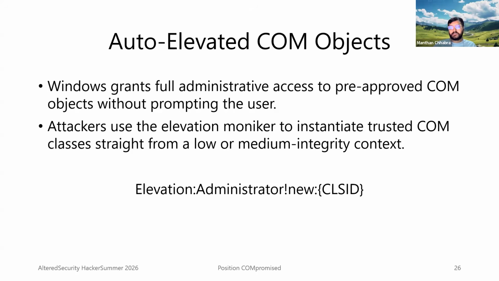So this elevation moniker actually follows this format: elevation:Administrator!new: and then the GUID of the class that we are targeting, right? So you'll recall that I mentioned that to instantiate an object, we actually call the CoCreateInstance, right? CoCreateInstance along with the CLSID, right?